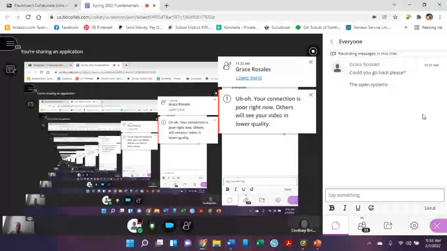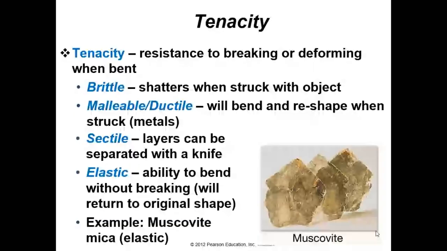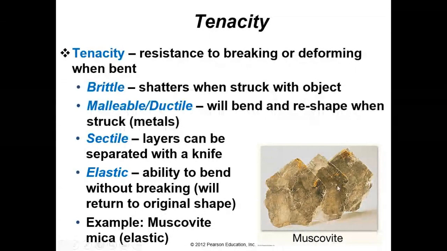The next physical property is called tenacity. And that is basically the ability of a mineral to deform without breaking. So that mineral that has that one cleavage plane that we just looked at, muscovite, you can actually, with two hands, grab both sides and bend it.